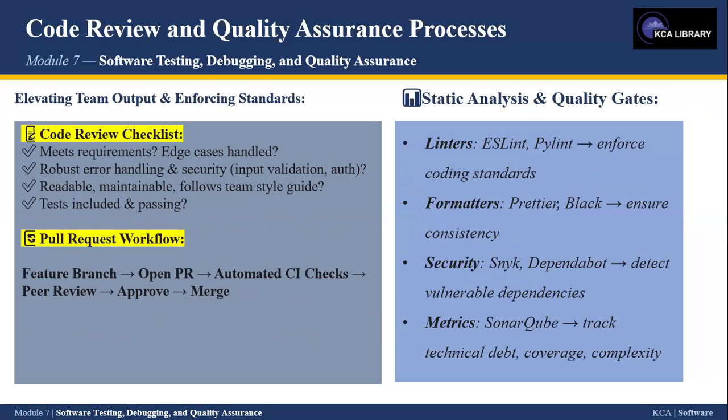Code reviews are critical QA gates. Review checklists are: meets requirements, edge case handling, robust error handling, and security. Readable, maintainable, follows style guide, tests included and passing.